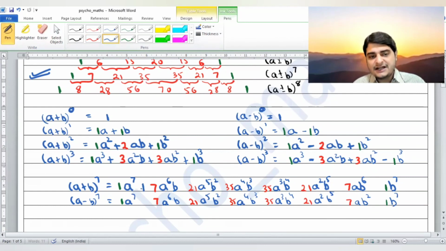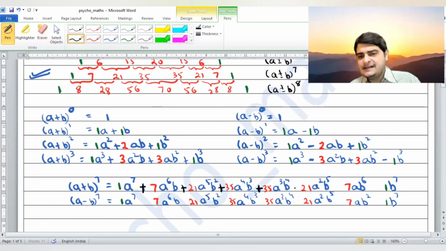Since it is positive, all are positive over here. Or else, since there are many things over here, let me make it simplified for you. I write it over here with black so that it is easily identifiable.